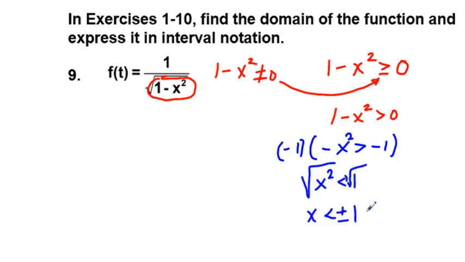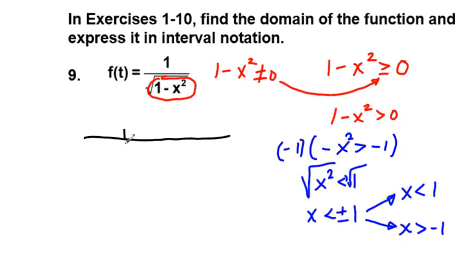Well, what that means is this: because of the plus or minus, x is less than 1, and with the minus, x is greater than negative 1. That's what this minus sign does here too: x is greater than negative 1, and so we flip the sign. So on a number line, it looks like this.